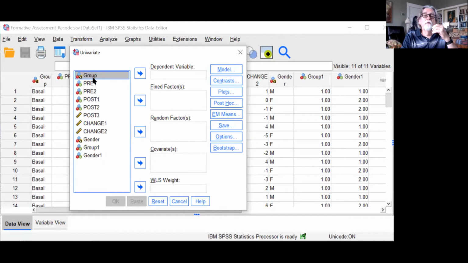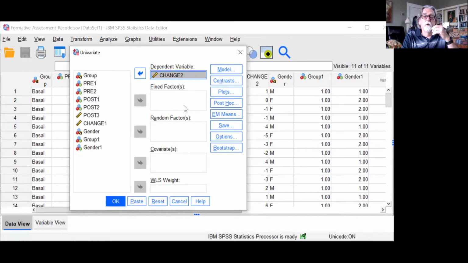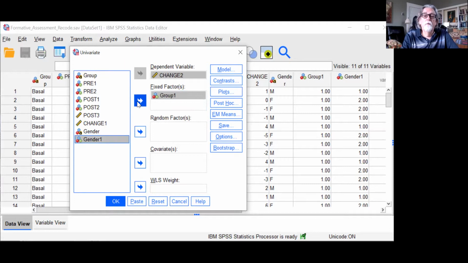So once again, we have change 2 as our dependent variable. Our fixed factors, which is the way ANOVA talks about independent variables, would be group 1, the recoded variable, and gender 1.